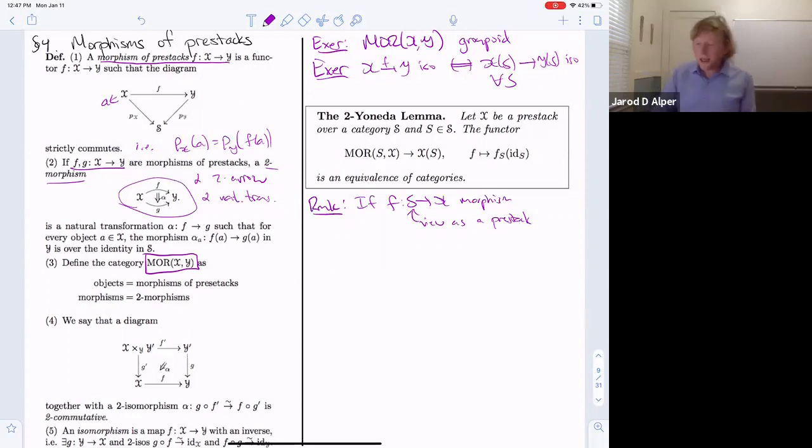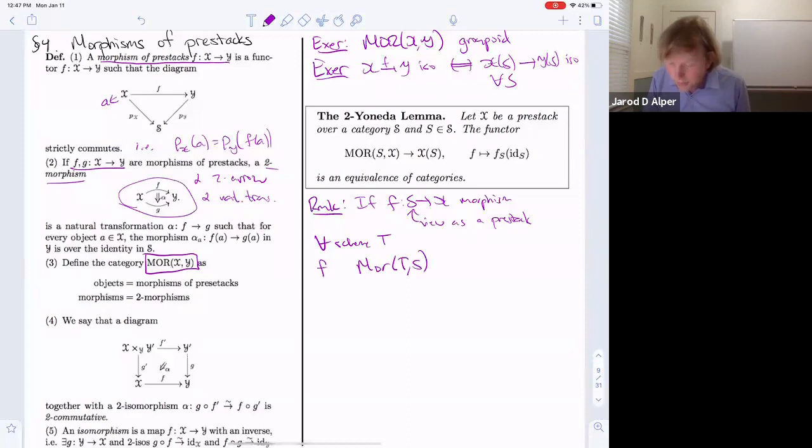Well, a morphism of prestacks is a functor. So what this means is that for every scheme T, the objects of S over T are all morphisms from T to S. So this is the map F over T, and this should map to X of T. And again, if you take T to be S, the identity of S lives here.